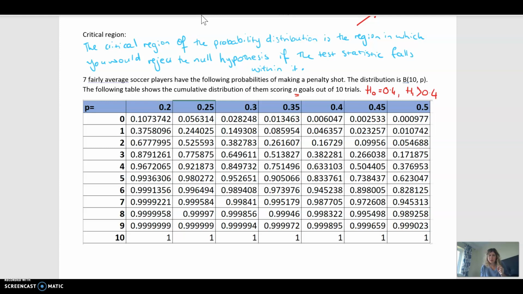What we mean by this is that at 10 goals, we have a 100% probability that they score 10 or fewer goals, which makes sense because they're making 10 or fewer attempts.